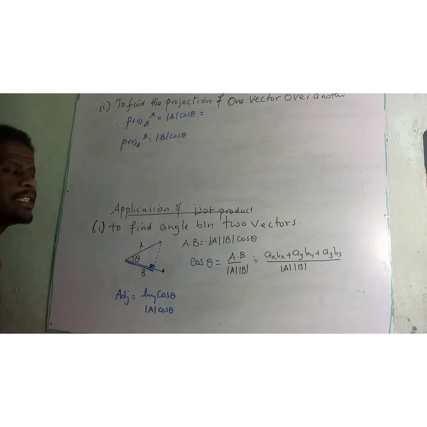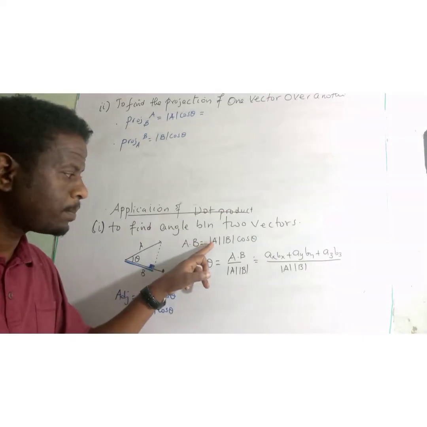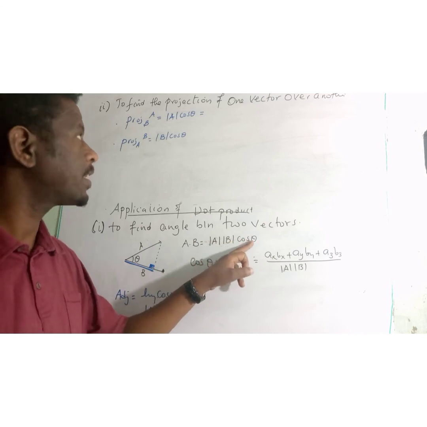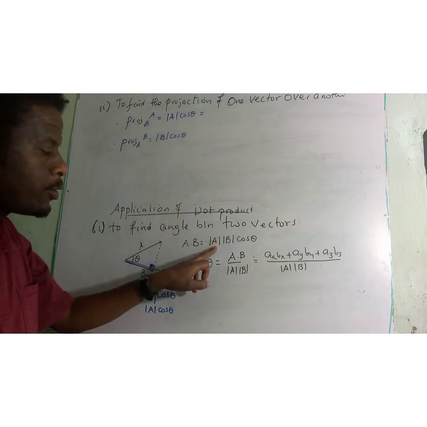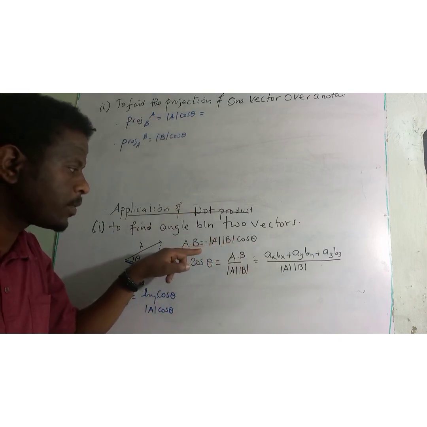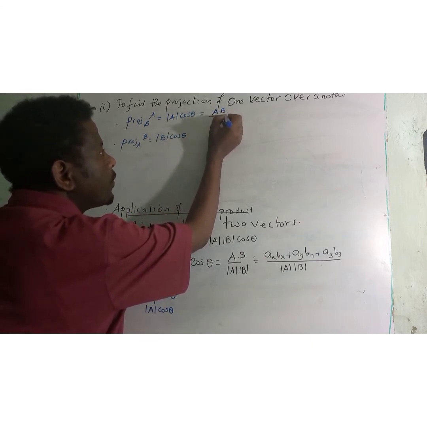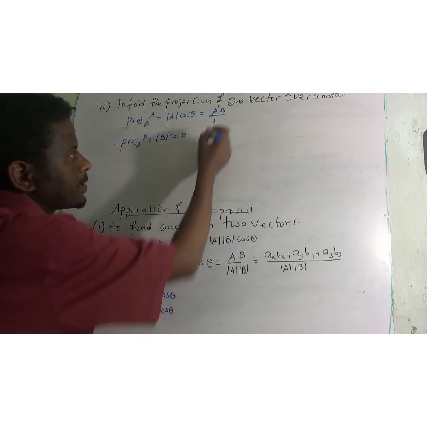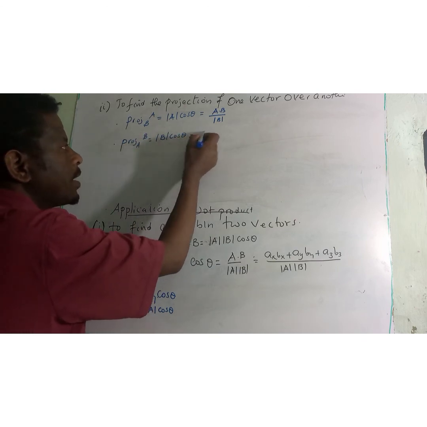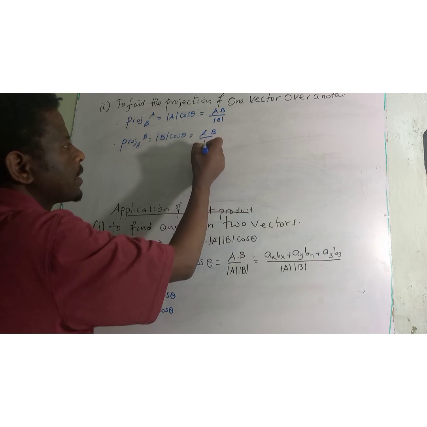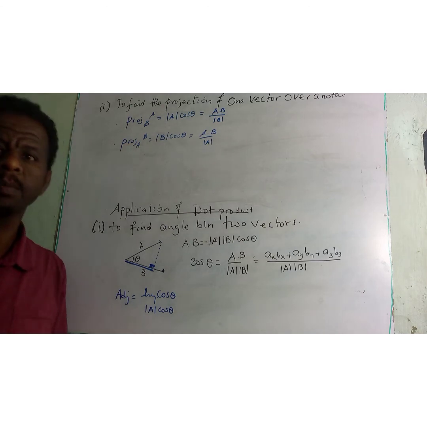From the definition, A dot B equals magnitude of A times magnitude of B times cos theta, but the projection of A on B is magnitude of A times cos theta, so divide both sides by magnitude of B, and this is equal to A dot B over magnitude of B. Similarly, the projection of B on A equals A dot B over magnitude of A. This is all about the dot product.